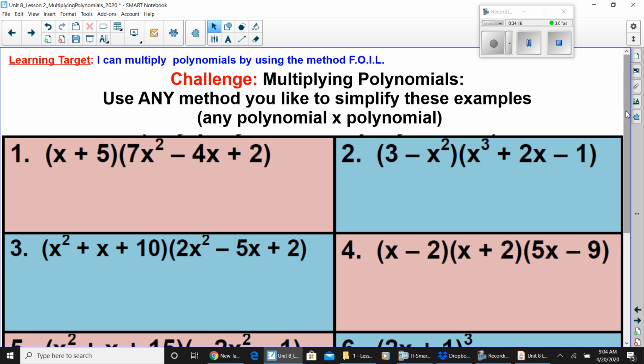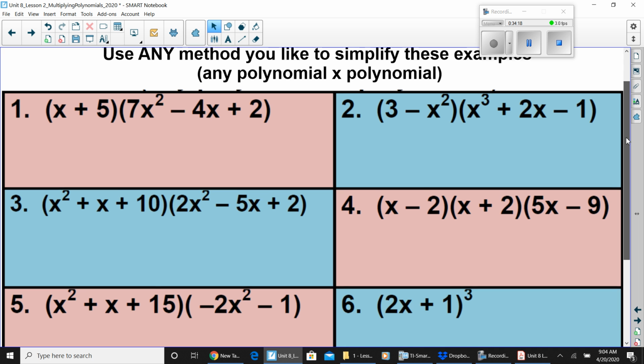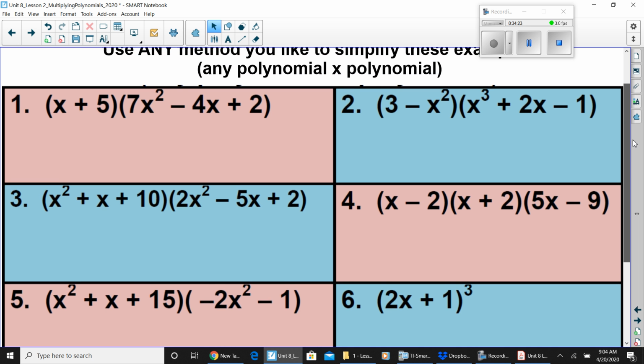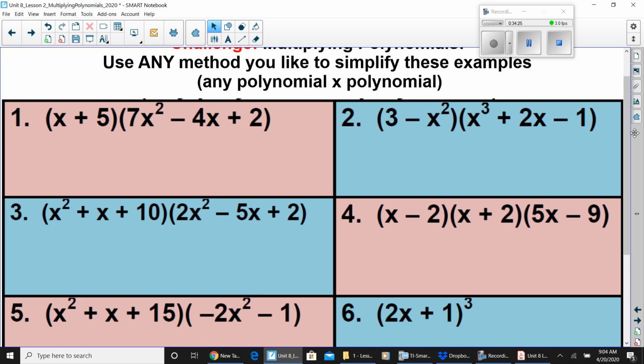All right. So any method that you like, you just go ahead and do, pretty much any method. I'm going to do the first one with you, and I'm not going to use the box method, even though I can use the box method. The box method works.